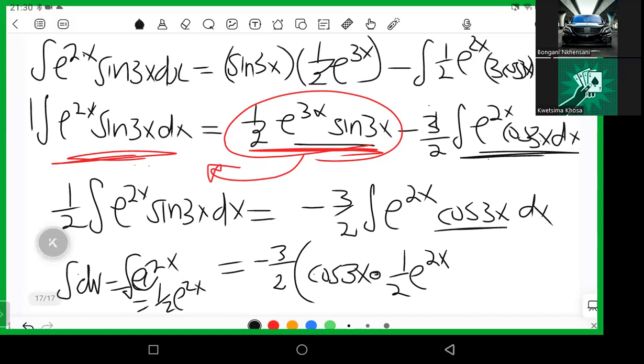Hence I'm writing it there, minus the integral of cosine 3x.